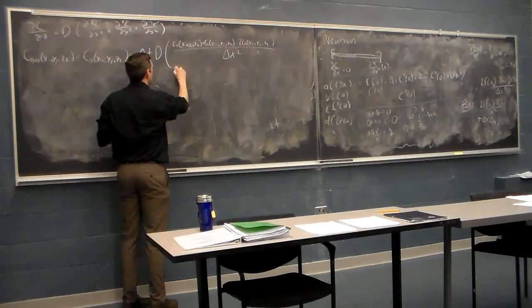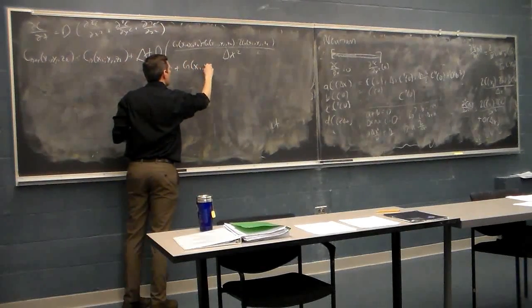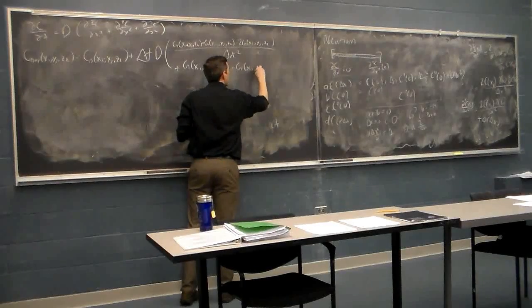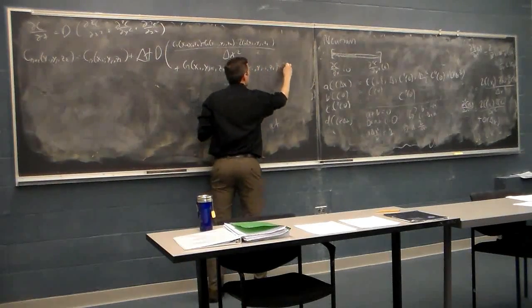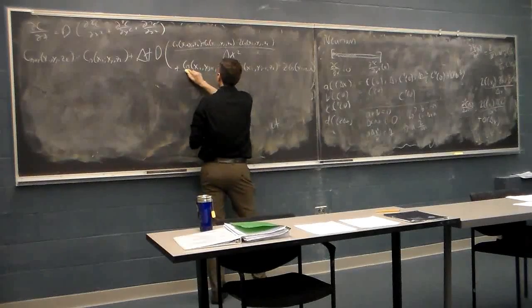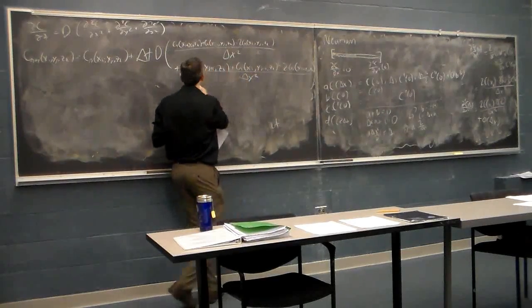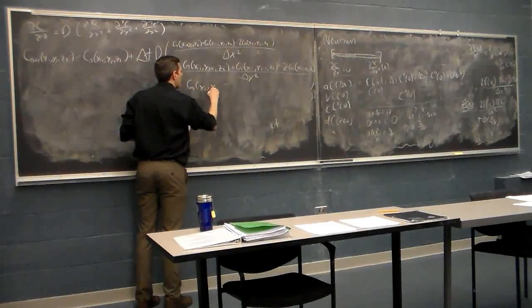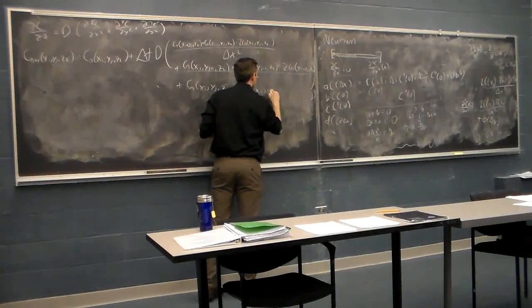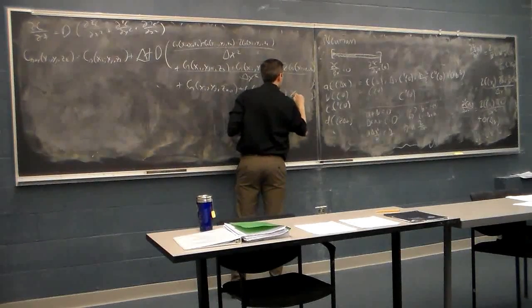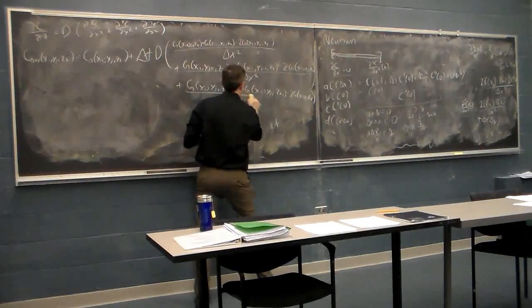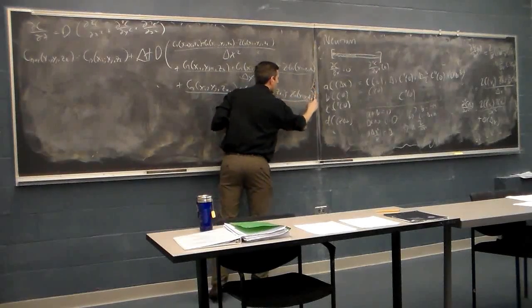And then we have an analogous term for y. That's c sub n at xi, yj+1, zk plus c sub n at xi, yj-1, zk minus 2 c sub n at xi, yj, zk, over delta y squared, and then finally c sub n at xi, yj, zk+1 plus c sub n at xi, yj, zk-1 minus 2 c sub n at xi, yj, zk, all over delta z squared.